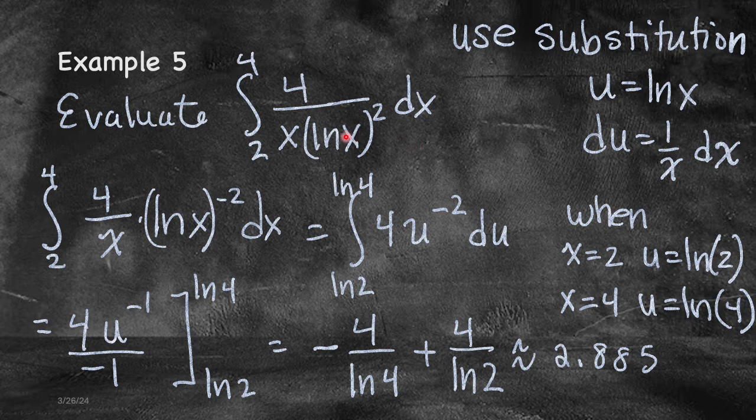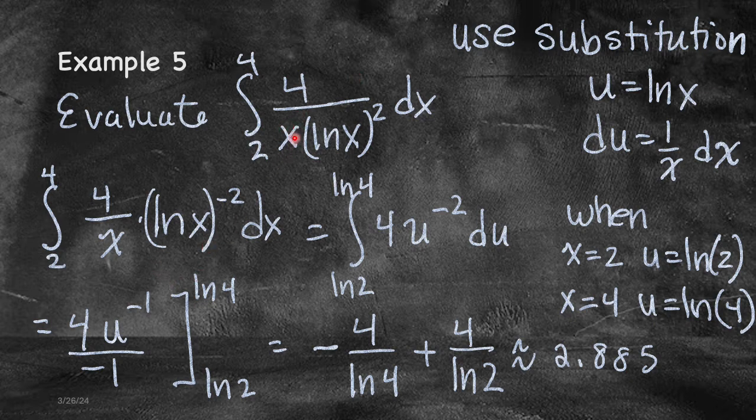But before we start looking at the substitutions, my preference is to make sure that all of my terms that have exponents are pulled up into the numerator, because then we can use the power rule. So I took this natural log of x squared and brought it up as a -2 exponent.